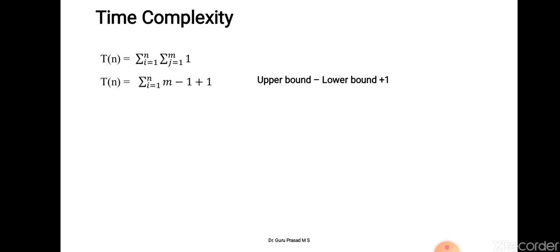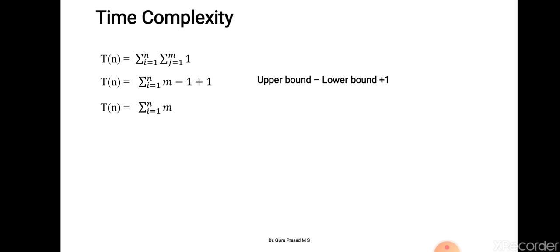Now analyze the time complexity. The algorithm consists of the matrix n into m. T of n equal to summation of i equal to 1 to n, summation of j equal to 1 to m, of 1. Upper bound minus lower bound plus 1: m minus 1 plus 1, the minus 1 and plus 1 get cancelled, the remaining term is m.